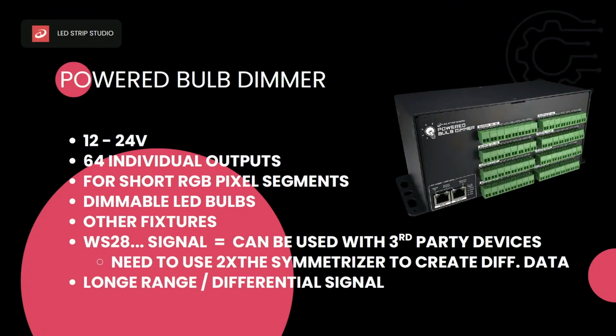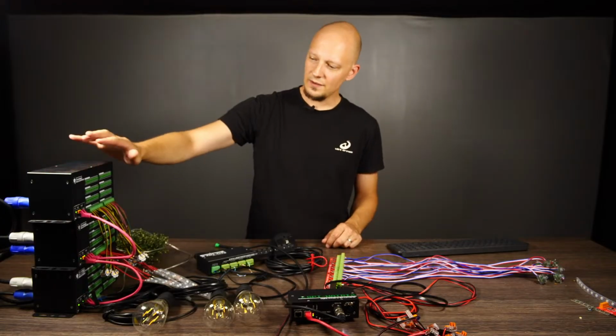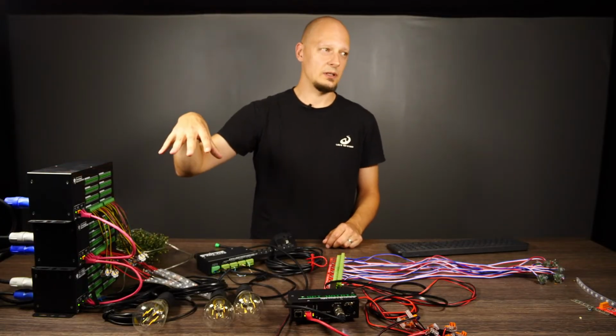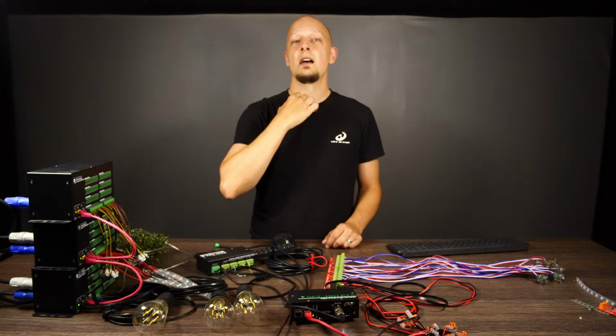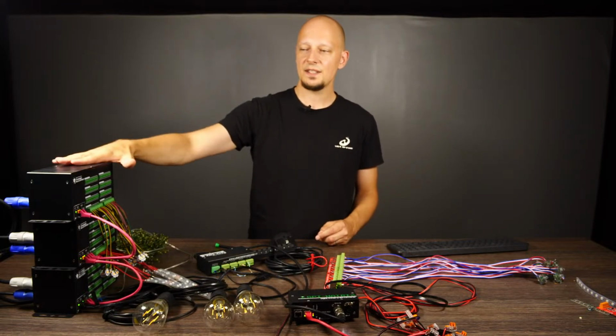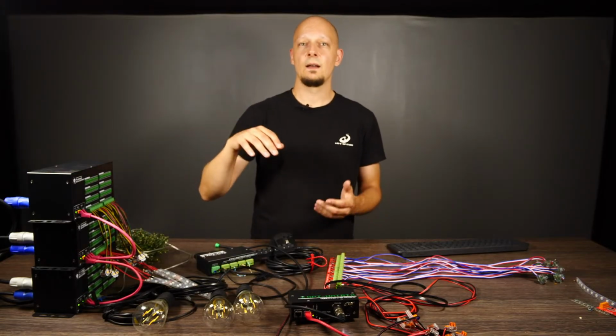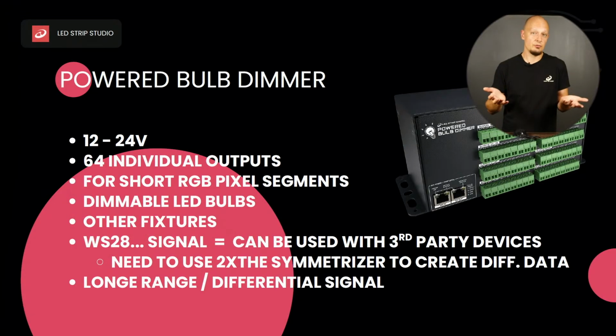Then I would like to talk about this skyscraper of controllers that I have here. I've got three different bulb dimmers or powered bulb dimmers. Powered means that there is a power source inside each of these boxes, and it can be in a different voltage.